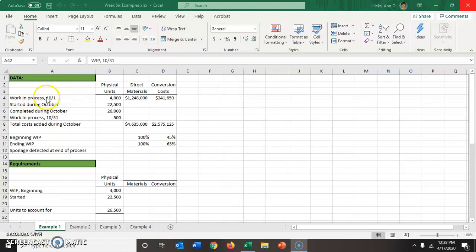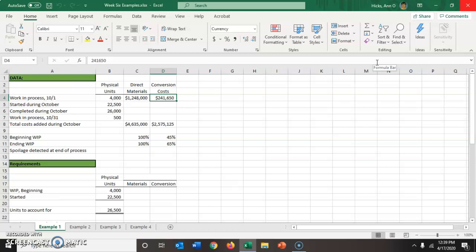So in this first example, we are looking at the month of October, and what we have determined is that work in process at the beginning of October has 4,000 units in it. That means that we ended September with 4,000 units partially completed. Those are coming forward to October, and we will finish them presumably in October. We have incurred direct materials to the tune of $1,248,000 and conversion costs of $241,650.